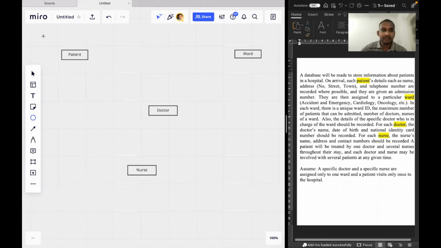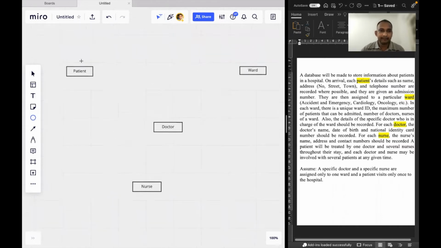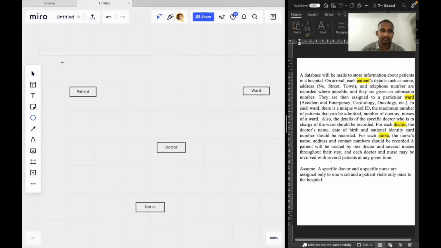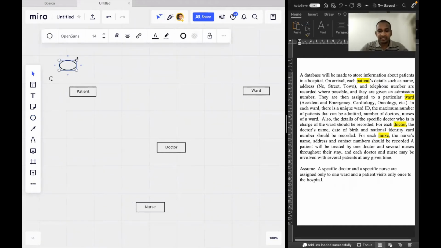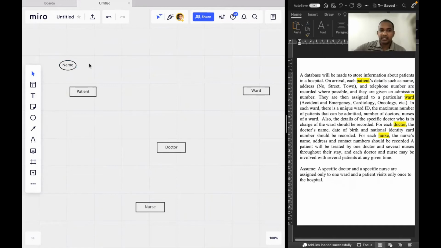Okay. Let's draw a particular circle here, and here you can draw the name. And after that, you have to draw a line between the circle and the patient. That means this name belongs to this patient.